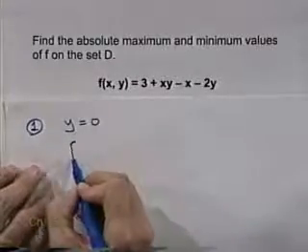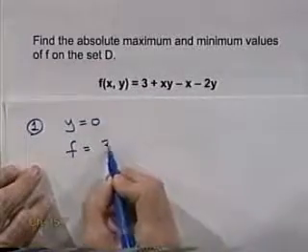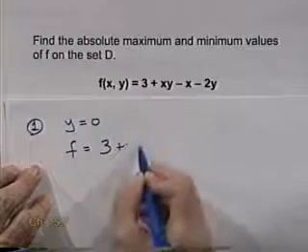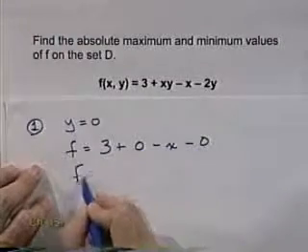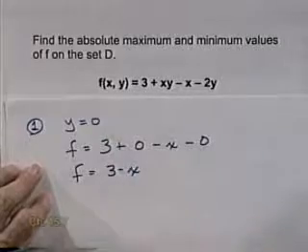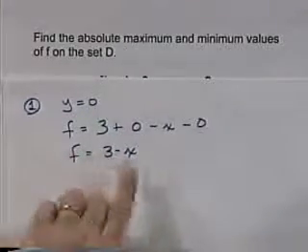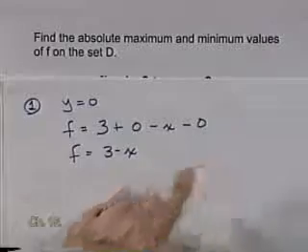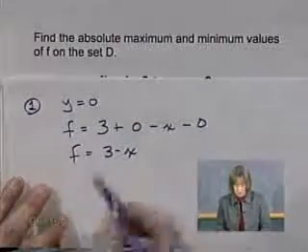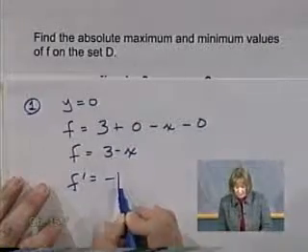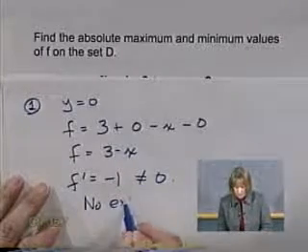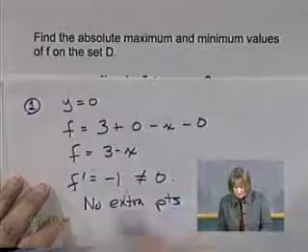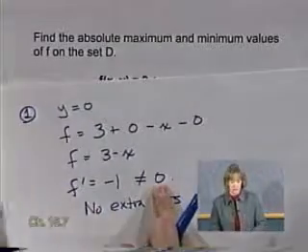So I go back up here, and my f is going to be 3 plus x times 0 minus x minus 2 times 0. So my f is going to be 3 minus x. We are going to check if I take the derivative of that and set it equal to 0, do I get any extra points? Well, if I take f prime here, I get negative 1. You can't set that equal to 0. So we get no extra points because that derivative cannot be set equal to 0.